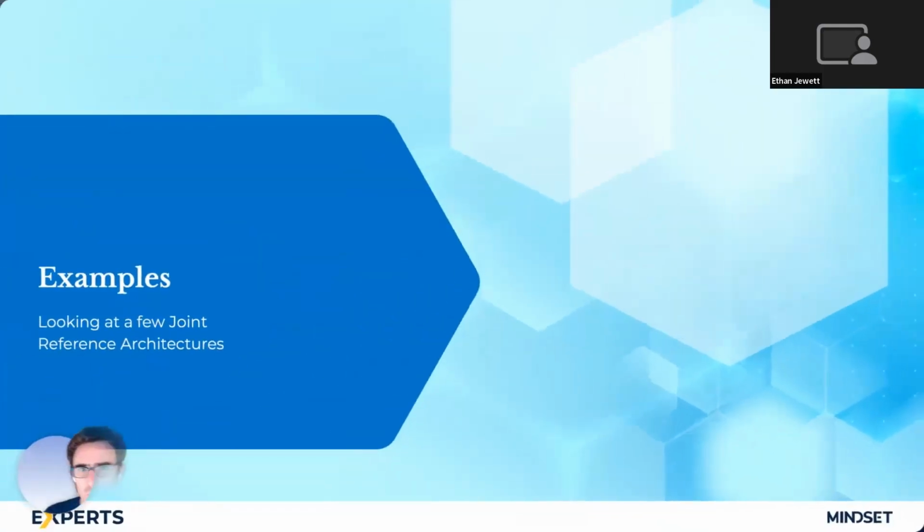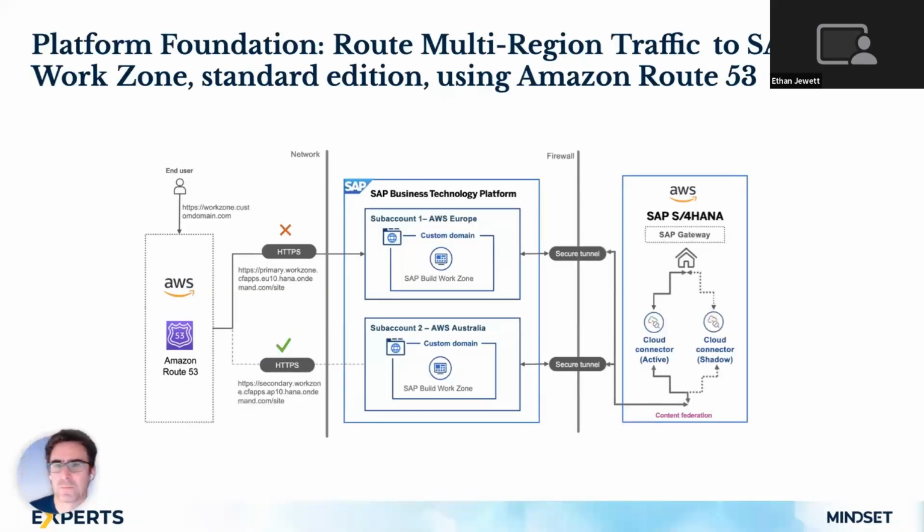So I'll put myself in the corner here, and we'll go look at a couple of these reference architectures. All right. So like I said, we'll have one from each section. This is an architecture that's focused on platform foundation, and it comes from SAP and AWS, obviously.